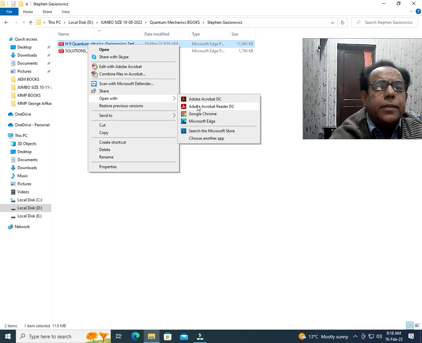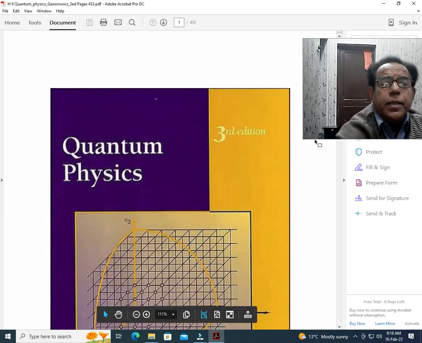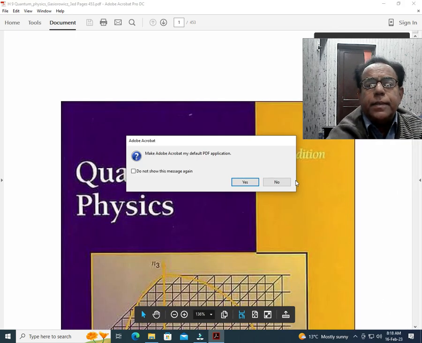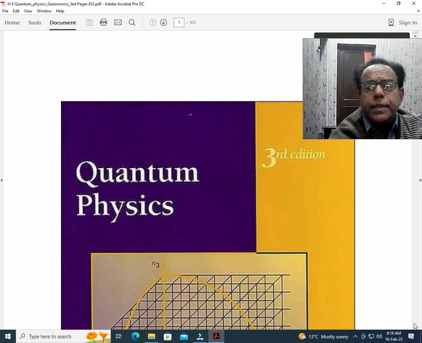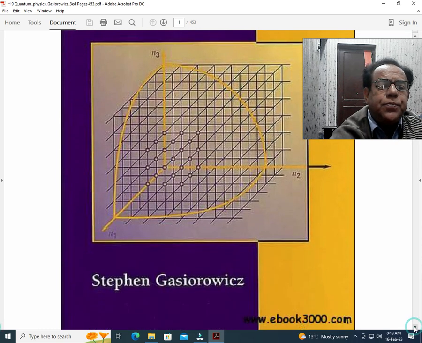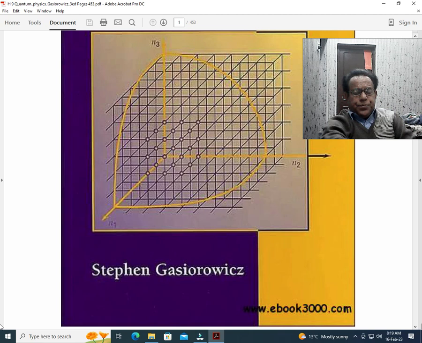Okay, this is the next book. Quantum Physics, 3rd edition, Stephen Gasiorowicz.